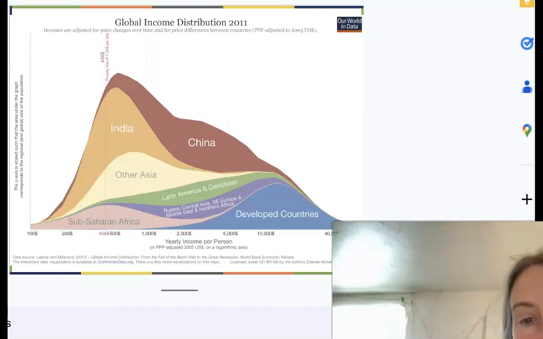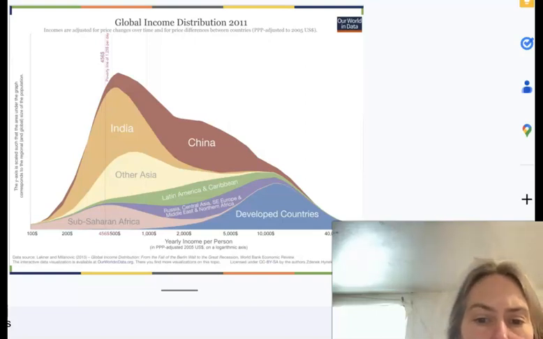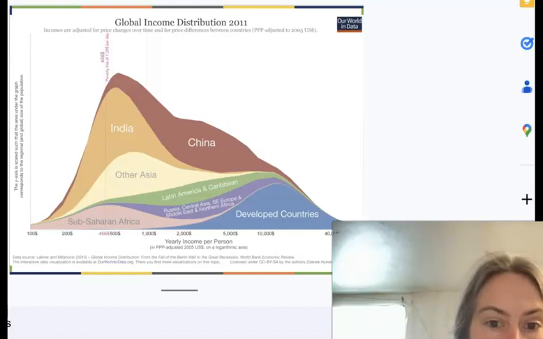I thought this was a cool graph showing global income distribution. There's a lot going on there, but it's showing you there's a lot of lower income people in India, and overall Chinese people are making more money.